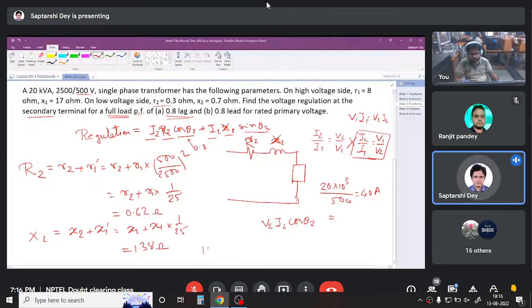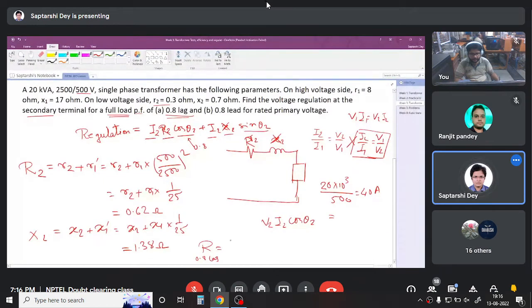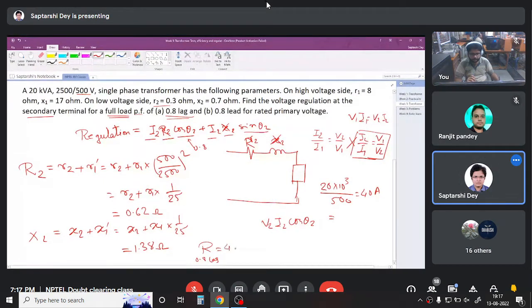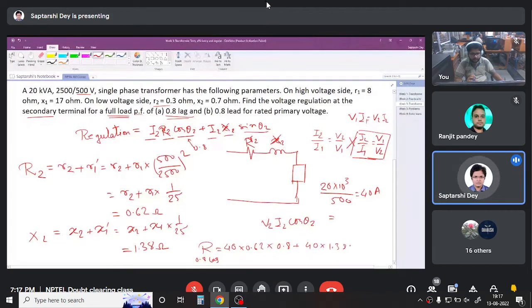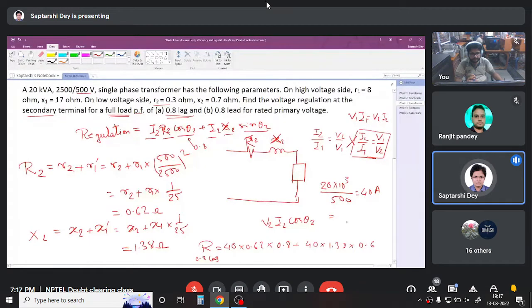So the regulation for the 0.8 lag will be 40 into 0.62 into 0.8 plus again 40 into 1.38 into 0.6. If cos theta is 0.8, sin theta is 0.6. You will get some value. Value is not important.